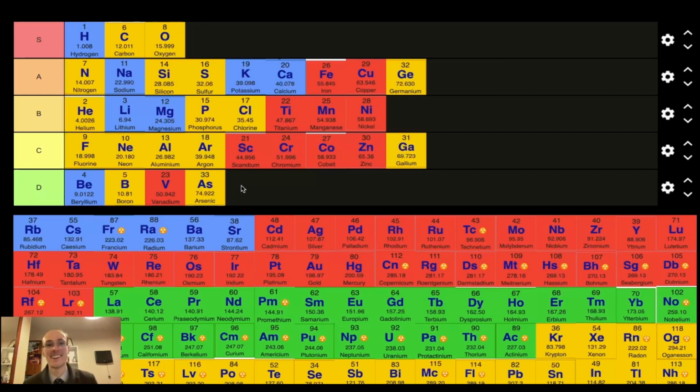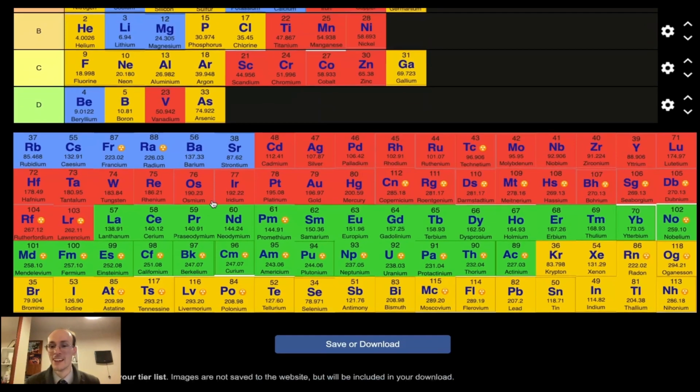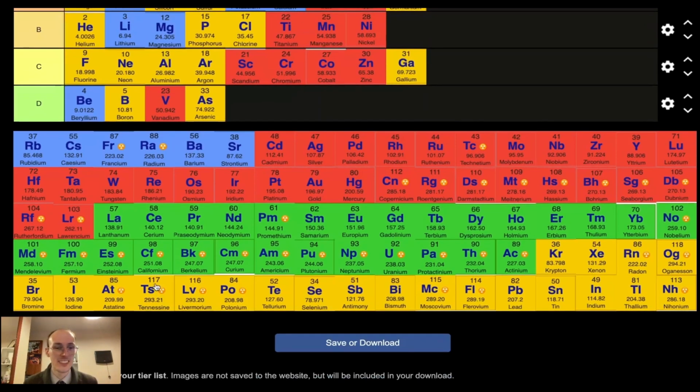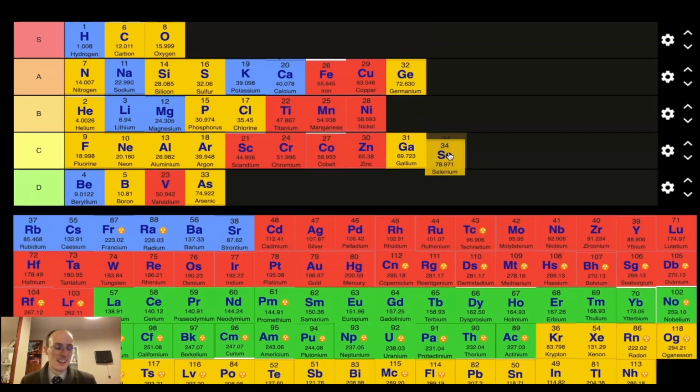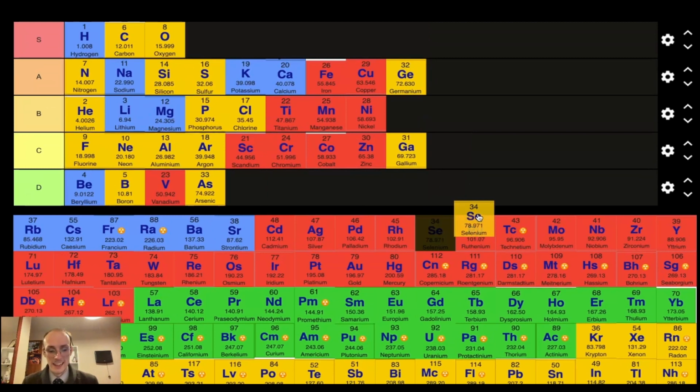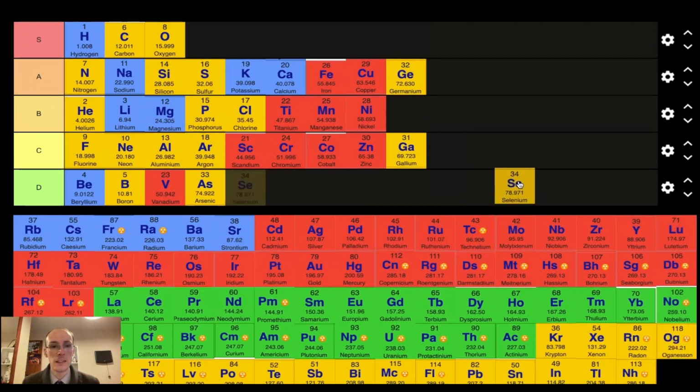I have no idea how long it's been, but we're only on element 33 and I am having a great time. Number 34 is selenium. Selenium is going to be somewhere here. Somewhere, there it is, selenium, right in the middle. It used to be important in electronics, but it's now mostly replaced by silicon.